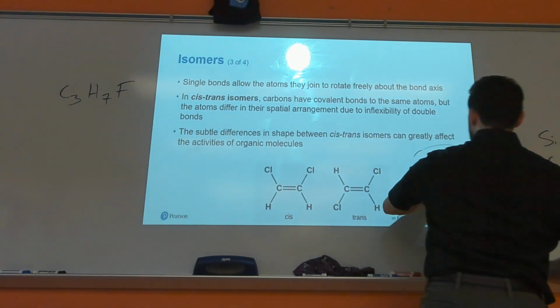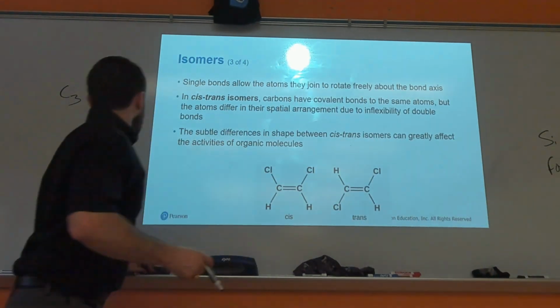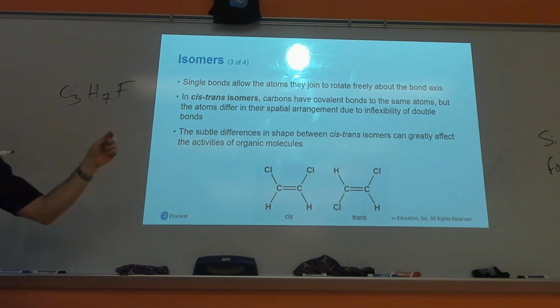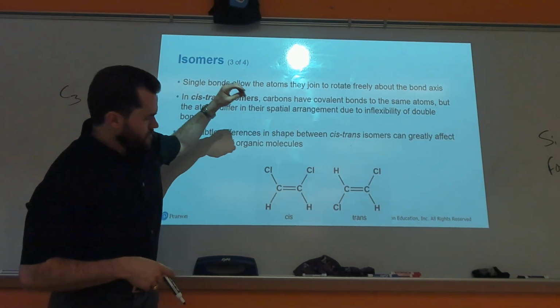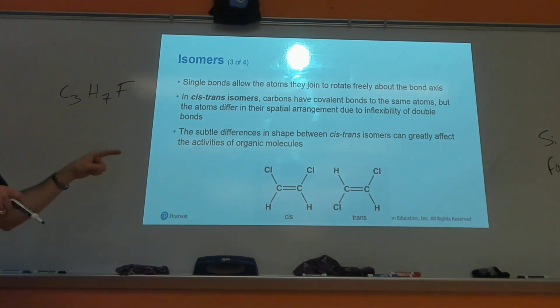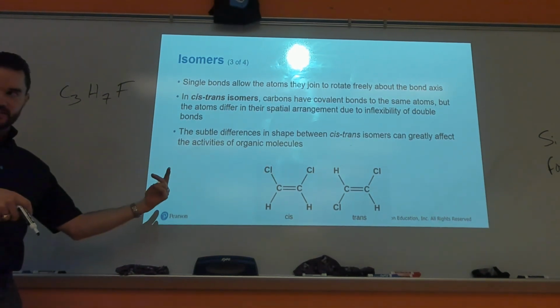So what's going on here is, I mentioned you've got the same chemical formula. You can change where you place these things, but in 3-dimensional space, where these chlorines are located can switch. If the 2 chlorines in this one are on the same side, we say it's cis.